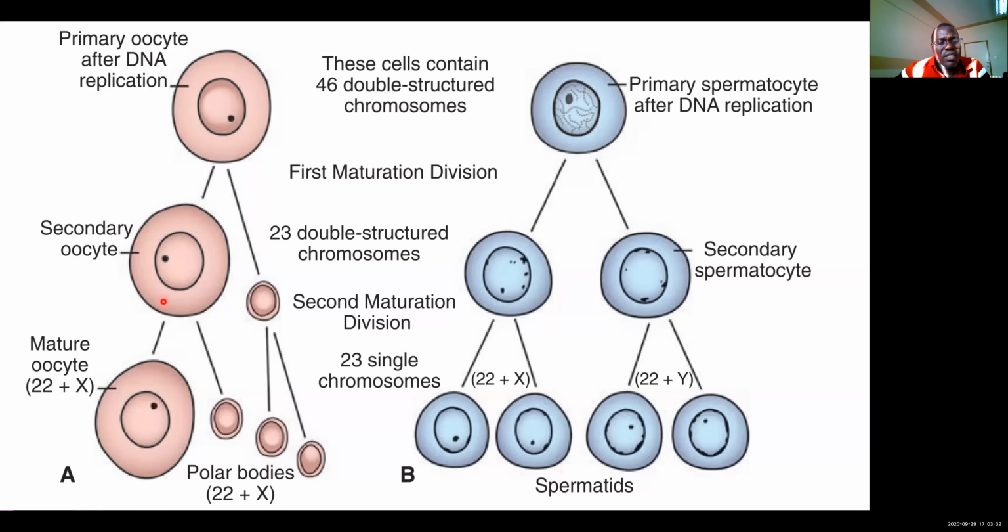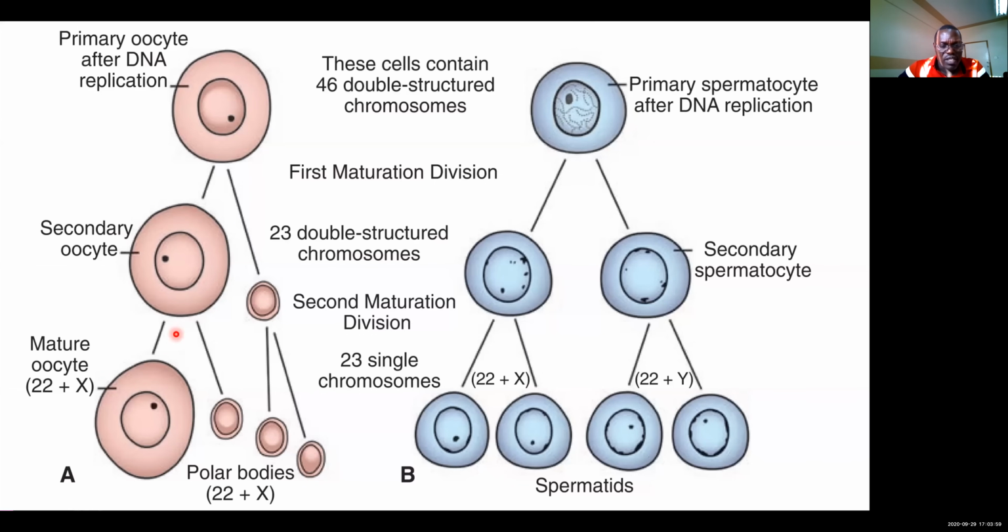Now, the secondary oocyte will also later undergo the second meiotic division, and I'm going to say what makes that happen. And that's when you'll form the second polar body. So we've not yet talked about this. We are at this point. I put this image to illustrate that meiotic division in oogenesis is unequal.